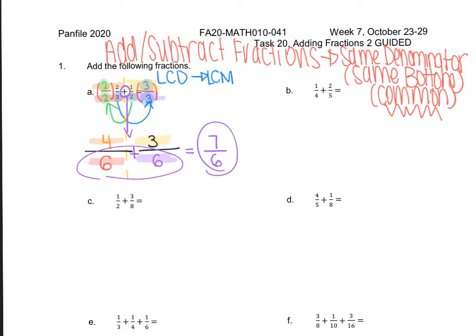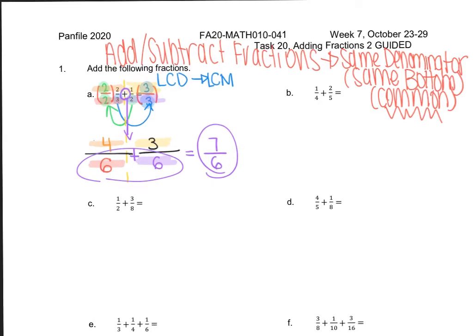All right, on this next one, we're going to follow the same process. We set up the parentheses on either side. We take the denominator from the left and move it to the right, and the denominator from the right and move it to the left.